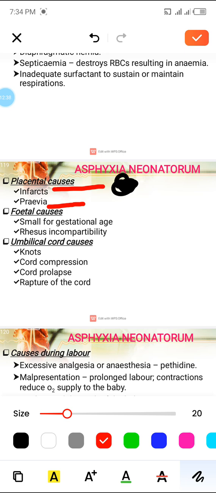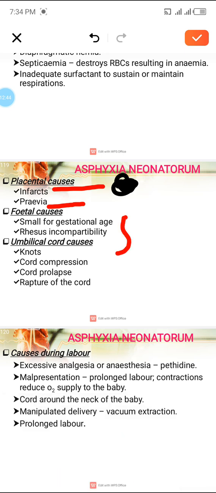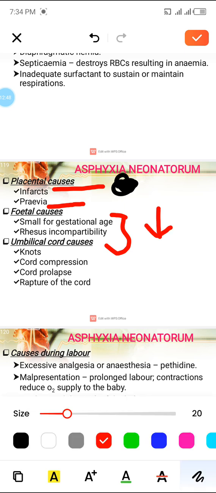Then let's look at the fetal causes. Fetal causes, when you look at them, they're also just dealing with a reduction in oxygen. Okay, so they just deal with the reduction in oxygen. So if you look at small for gestation, we're looking at a small baby.